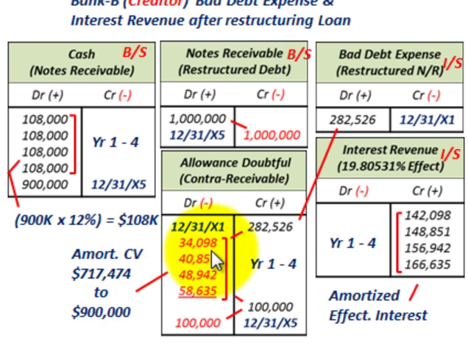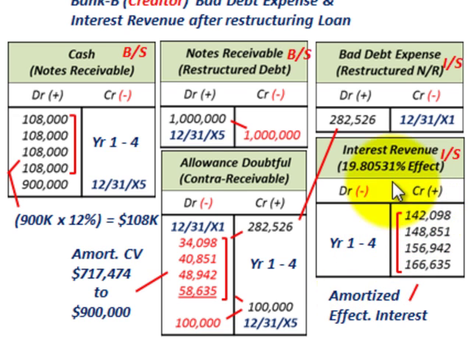That comes off your amortization schedule, those amounts from years 1 through 4. And then when we get to the balance at the end, we go from $282,526 to $100,000.